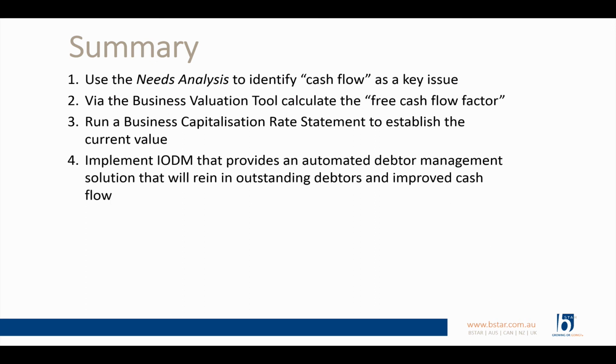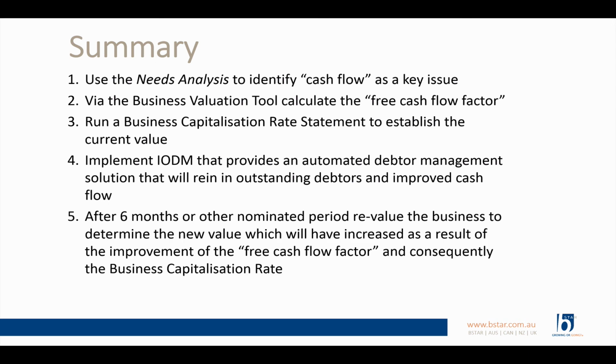Next, we'll implement the IODM system, which gives us an automated debtor management system, which will help us improve the free cash flow by reining in outstanding debtors. And then after 6 months or another nominated period, we would revalue the business to determine its new value, which would have increased as a result of the improvement of the free cash flow factor and consequently the cap rate.